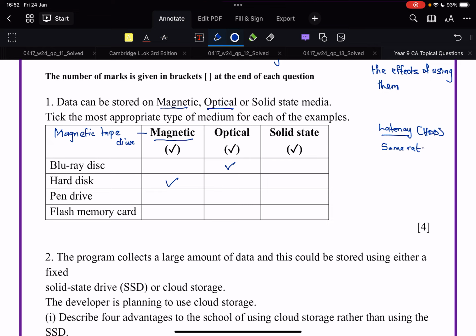They no longer rely on magnetic properties and they have no moving parts. So this is very important. That's why for solid state we have the pen drive or memory stick, and of course the memory card.